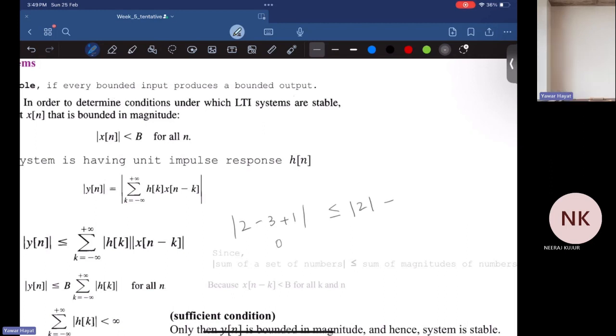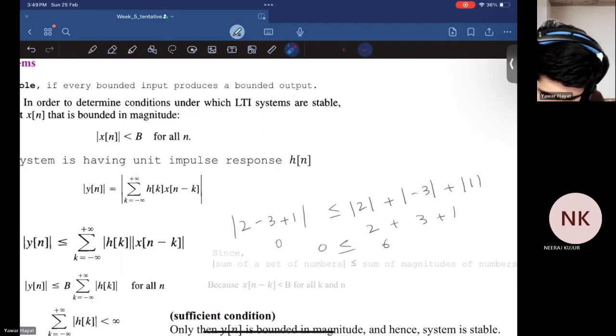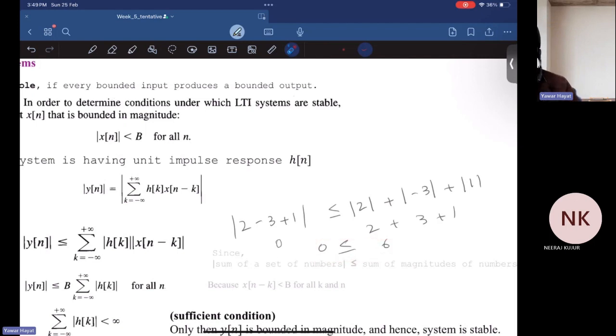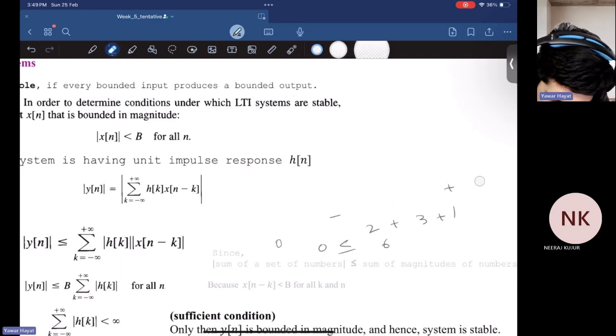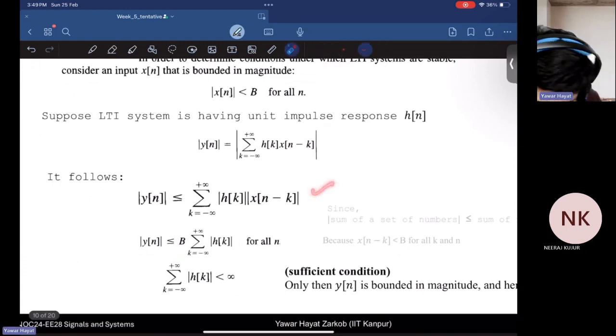For example, 2 plus mod of minus 3 plus mod of 1, that would be 2 plus 3 plus 1, which is 6. So this is a simple case where this holds good. I hope it is clear why this makes sense. So I have used this particular fact in writing this inequality. So this is fine, right?